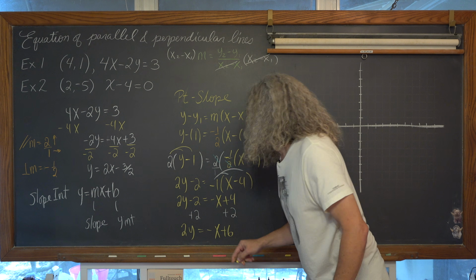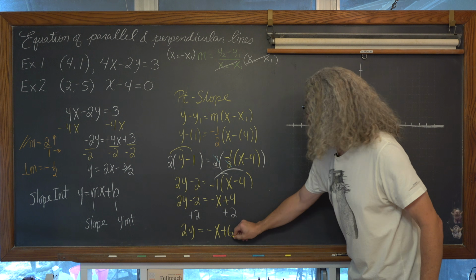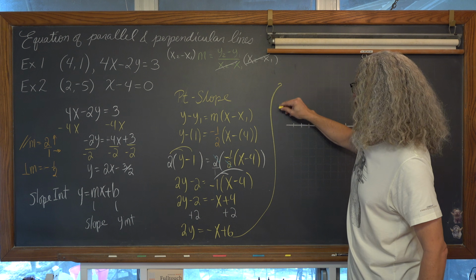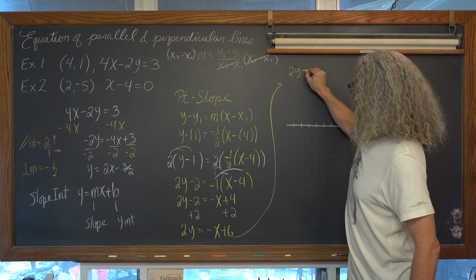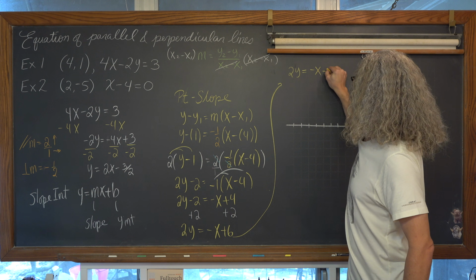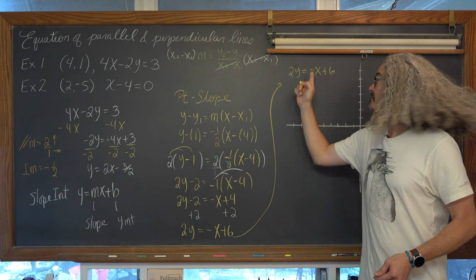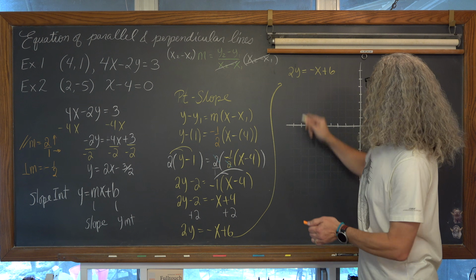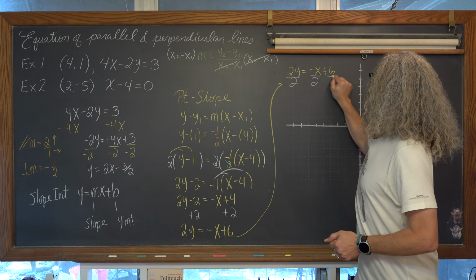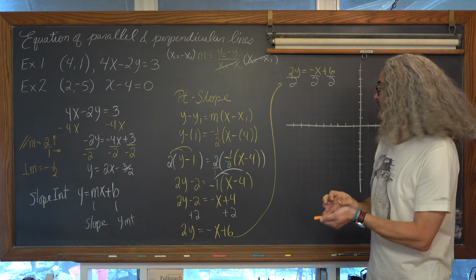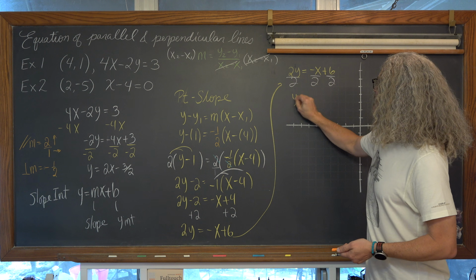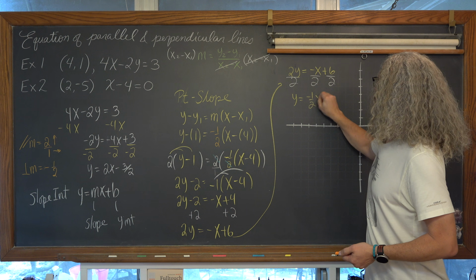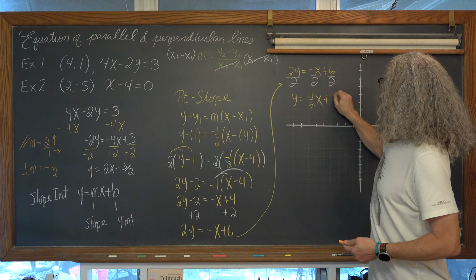We'll have 2y is equal to negative x plus 6, and just bring this up here. In our last step, isolate the y by undoing the multiplication of 2 by dividing every term in the equation, giving us finally y is equal to negative 1/2 x plus 3.